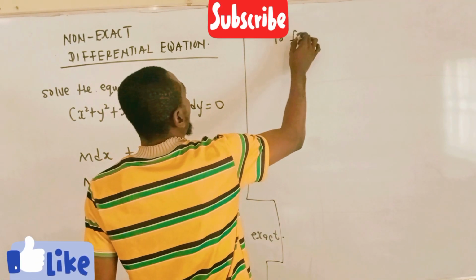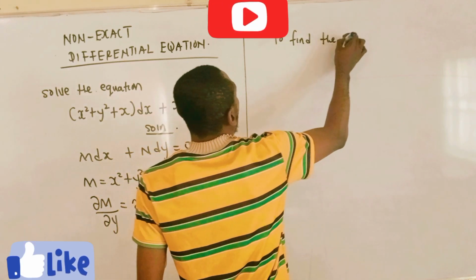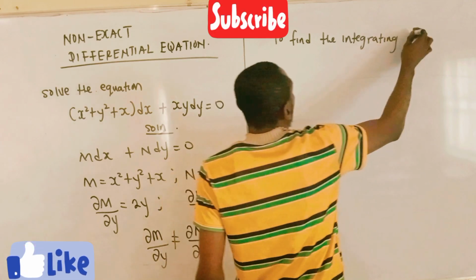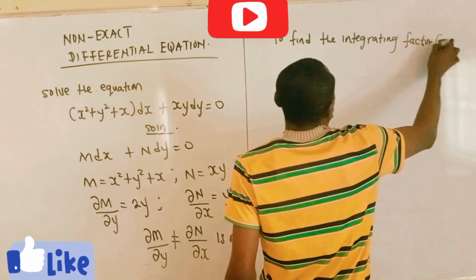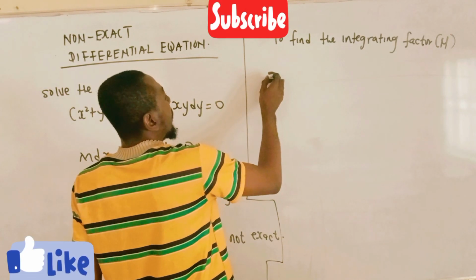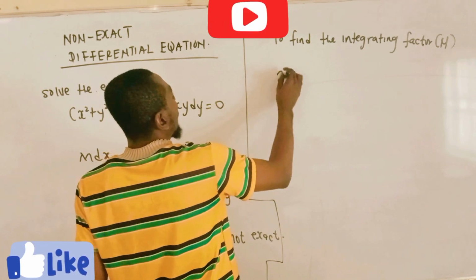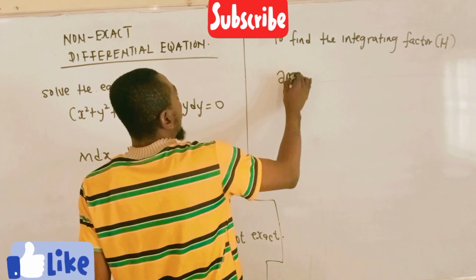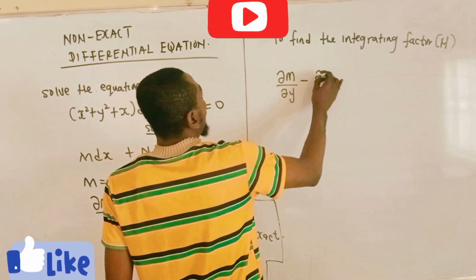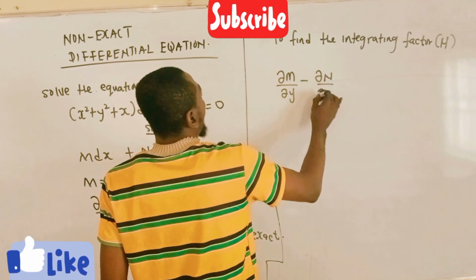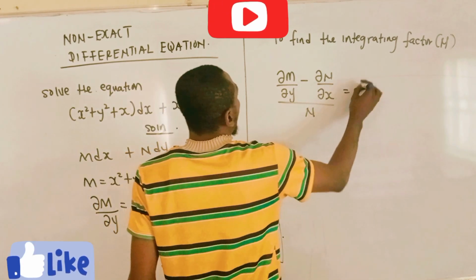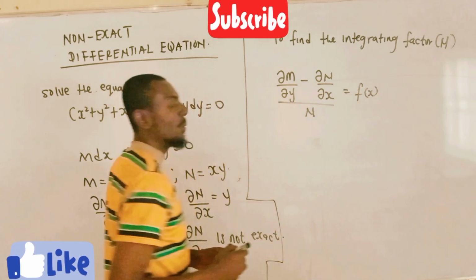To find it, we check if the partial differentiation of M with respect to y minus the partial differentiation of N with respect to x, all over N, is a function of x alone.